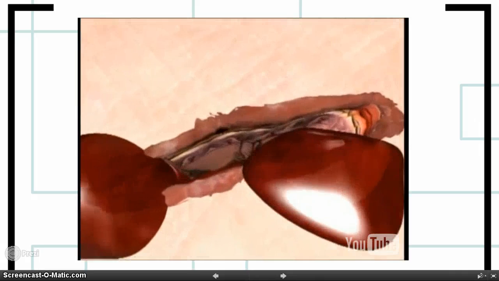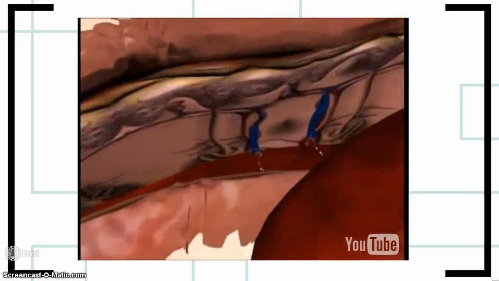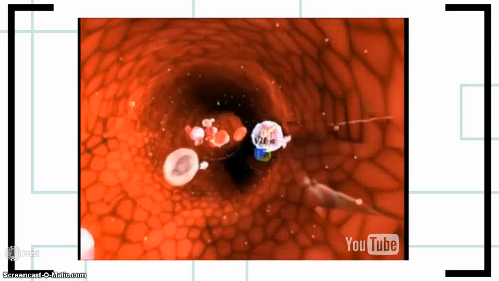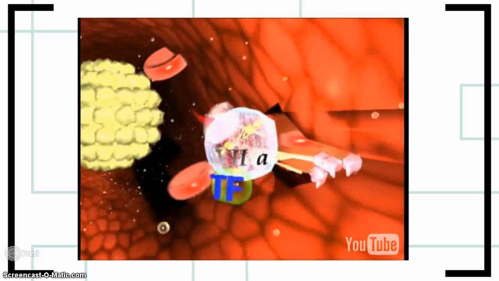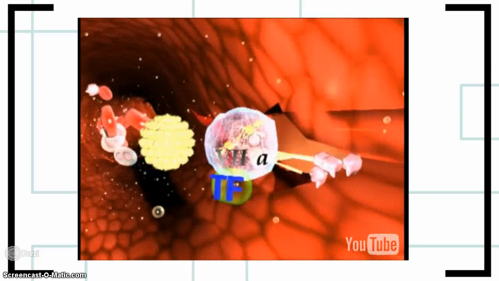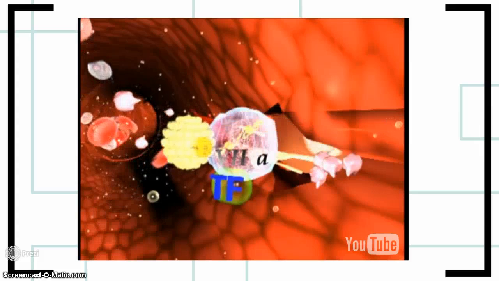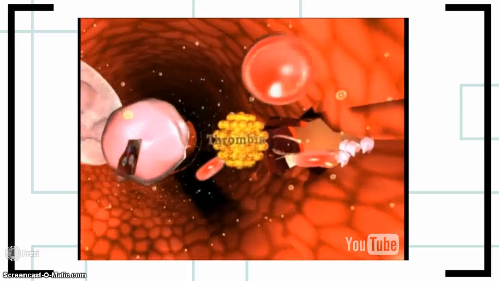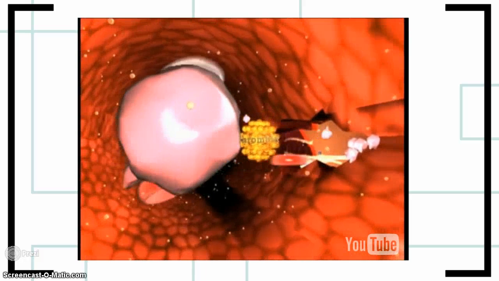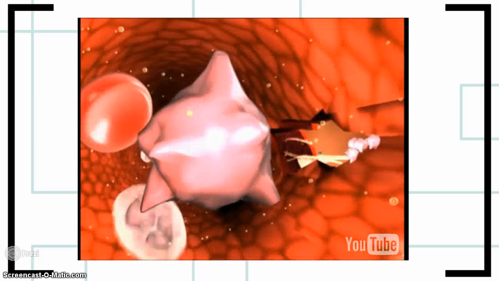Now we can see more about it. Let us return to the tissues and the blood vessel. Our two accomplices have initiated thrombin production. As a result, platelets are activated.